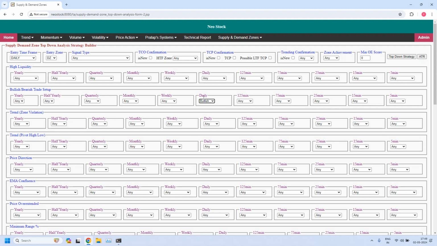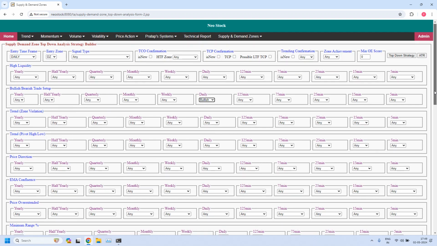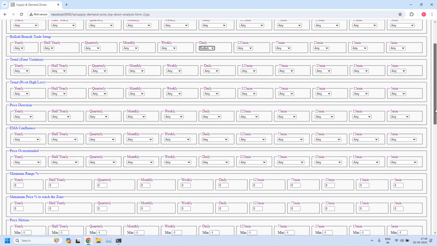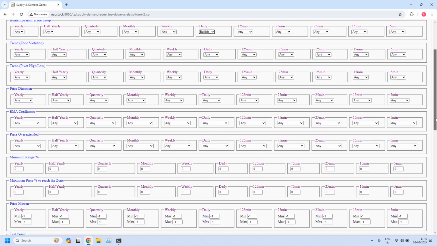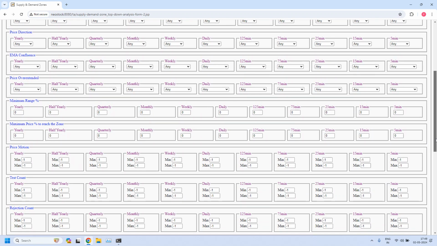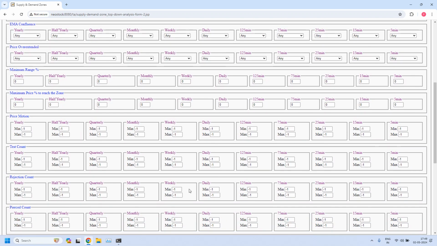Now we can filter the stocks, but I want to add 3 more filters. The first filter is I don't want pierced zones, because we don't trade pierced zones. So here we have a parameter, the last parameter in this page, pierced count in daily time frame, that is our entry time frame.